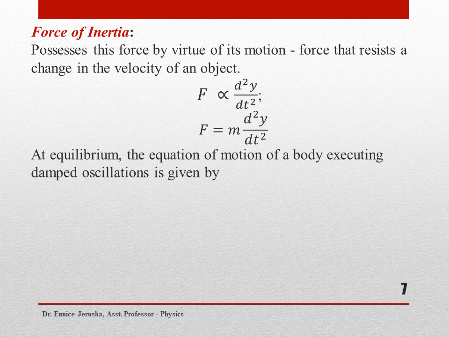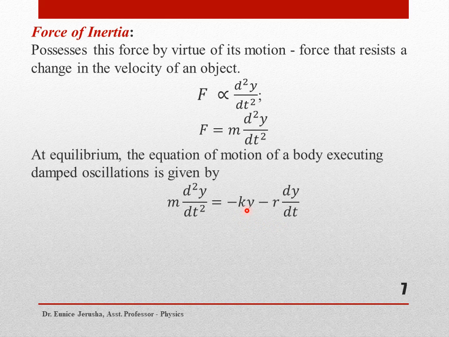Under equilibrium conditions, the equation of motion of a body executing damped oscillations is given by m d square y by dt square being equal to the sum of the forces acting in the upward direction. This sum is given by minus ky minus R dy by dt.